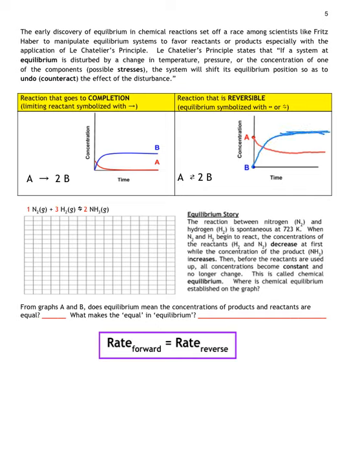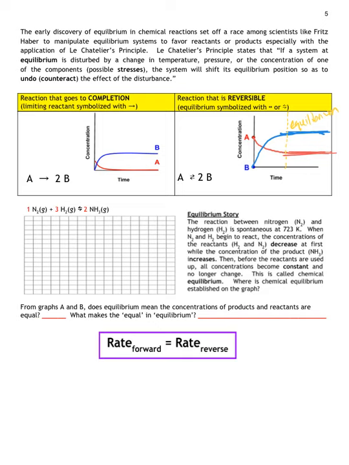And the leveling out between A and B is what we call equilibrium. So equilibrium occurs where they remain constant. The concentration remains constant over time. So I would call this the equilibrium point right here, where I see them maintaining to be constant over time.